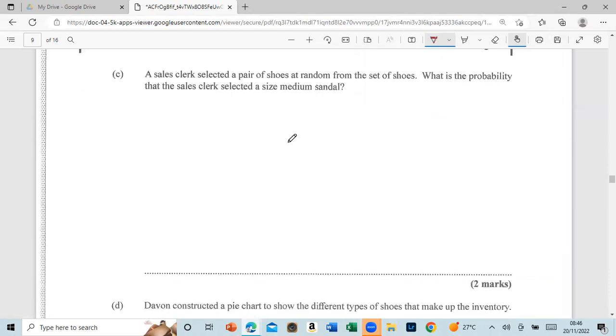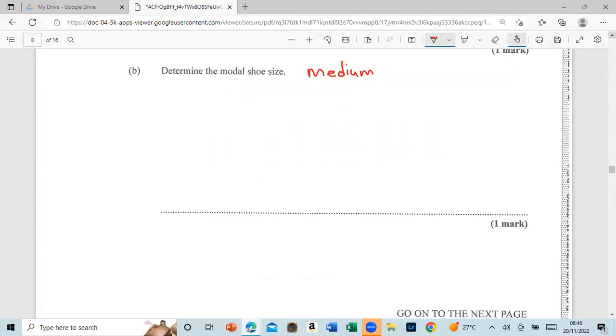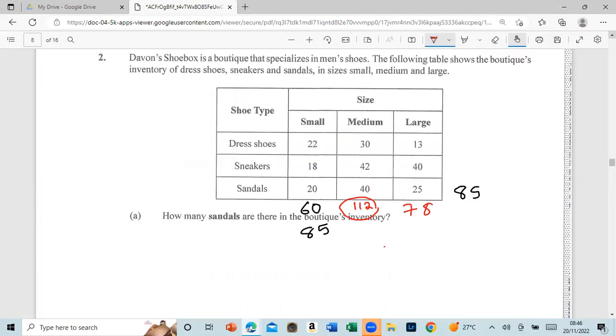It says a sales clerk selected a shoe at random from the set of shoes. What is the probability that the sales clerk selects a size medium sandal? All right, so we did calculate the total medium already, which works out to 112.